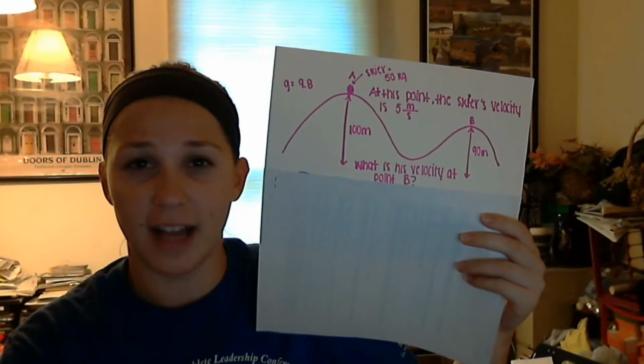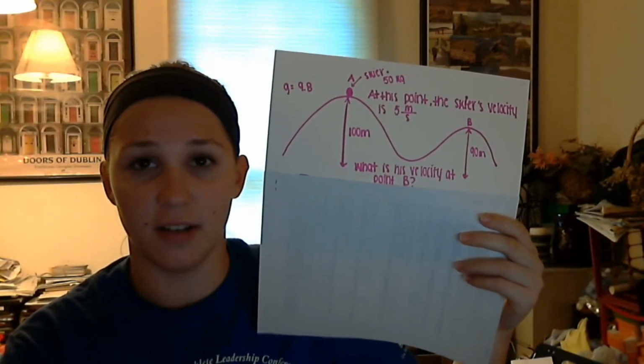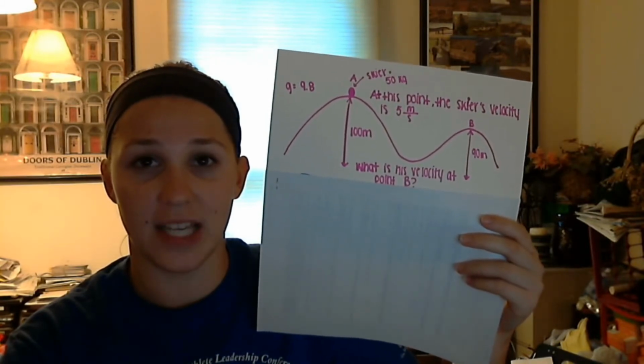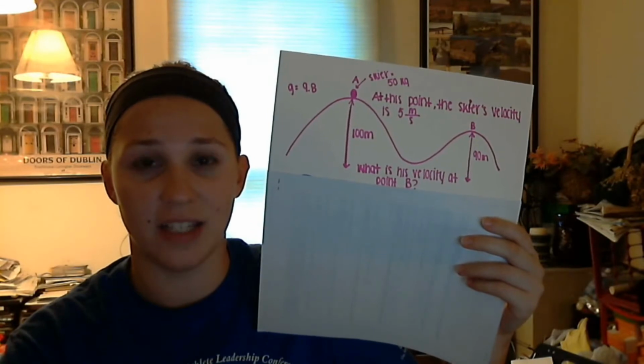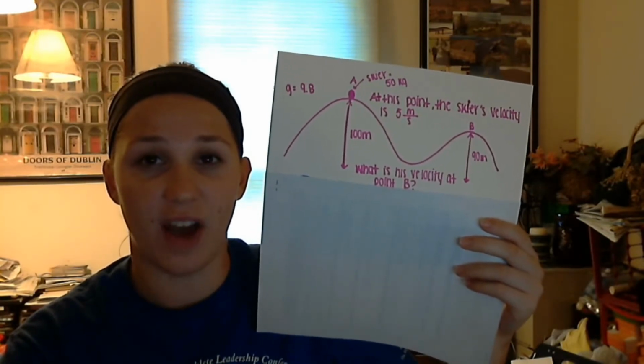A skier glides on a frictionless hill of 100 meters, then ascends to another hill 90 meters. What is the skier's speed at point B given that the skier's weight is 50 kilograms and the skier's speed at point A is 5 meters per second?